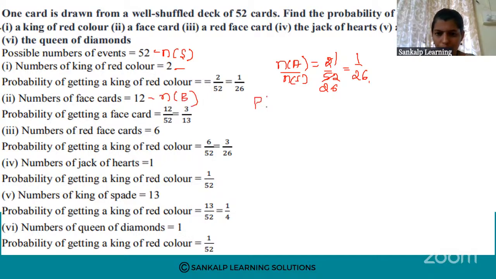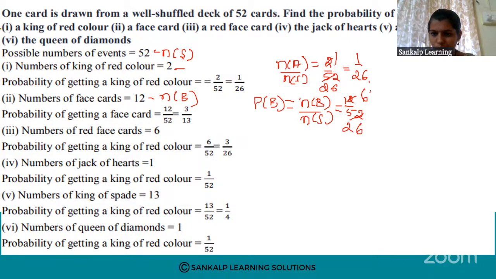So p of b is equal to number of favorable outcomes n of b, number of total outcomes n of s. So n of b is 12 divided by 52. So 2 2s are 4, 2 6s are 12, so 3 divided by 13 you will get.